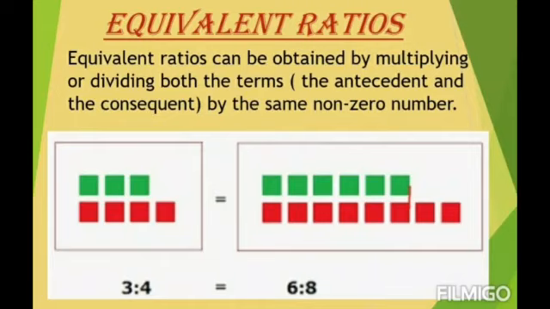It will come 6 is to 8. Similarly, the next one we can obtain by multiplying its numerator and denominator, its antecedent and consequent, by 3. So it will come 9 by 12. Like this, we can find many equivalent ratios of 3 is to 4.